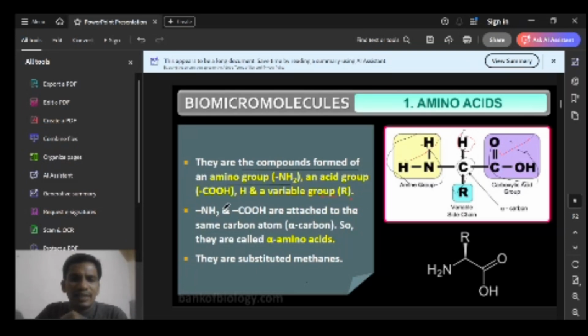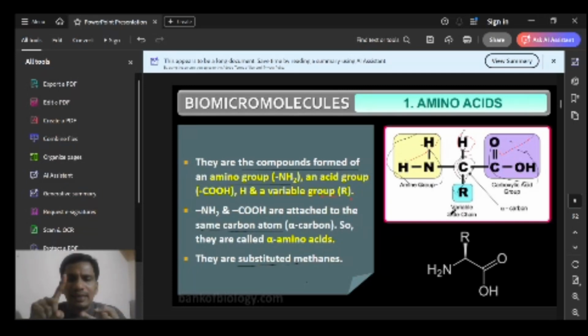They are substituted methanes, and this carbon is called the alpha carbon. See the structure: an amino group, a carboxyl group, hydrogen and R, the variable group, attached to the carbon.